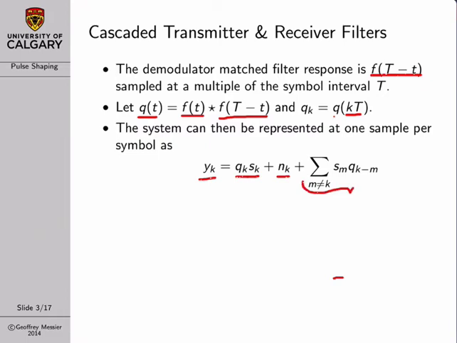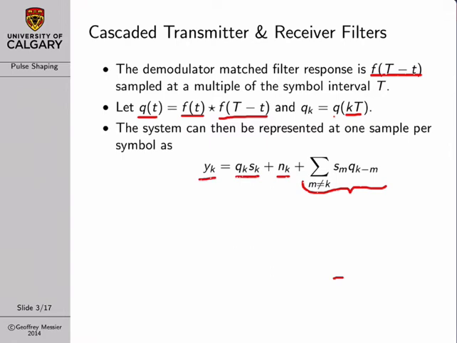And remember, I said that in general, most actual communication systems use pulse shapes that stretch well beyond the symbol time, and that means our transmitted pulses are going to overlap with one another. So this summation represents the overlap from information symbols both before and after our current symbol.